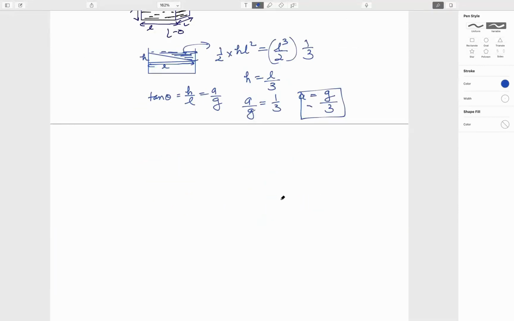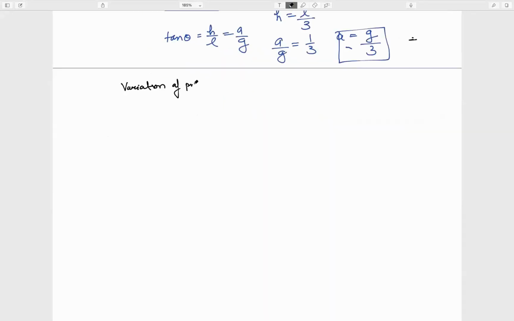So let's take another concept, in a similar way. Now let's say a rotating cylinder. We need to calculate the pressure in the rotating cylinder, the pressure distribution basically.